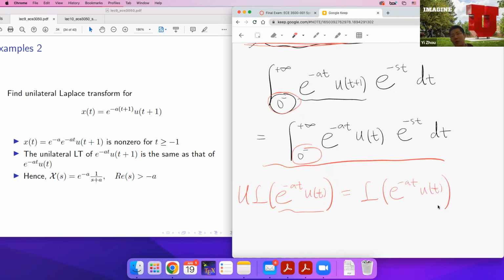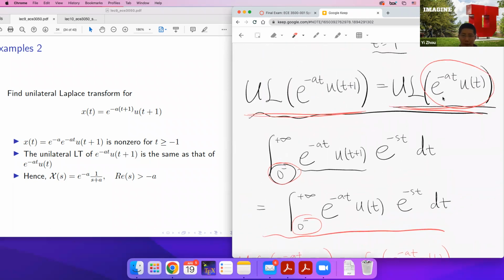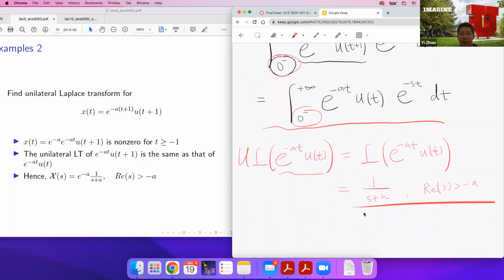And we know from the table that the Laplace transform of this signal is given by 1 over s plus a, with a region of convergence. Now, connecting this with this equation, in the end, we conclude that the unilateral Laplace transform of this signal is given by this one.